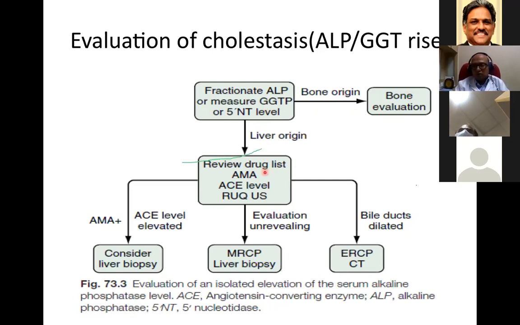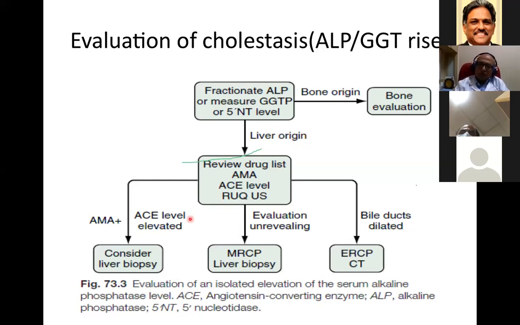So then you can look at a workup where you're looking at the drugs, because drugs are the most common cause for cholestasis. And then after that, you start looking at other causes like AMA for primary biliary cholangitis, and then sarcoidosis by ACE levels, and then an ultrasound to look for bile duct obstruction.